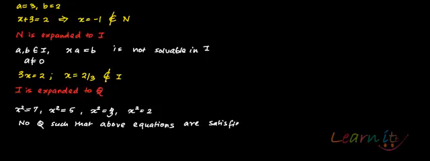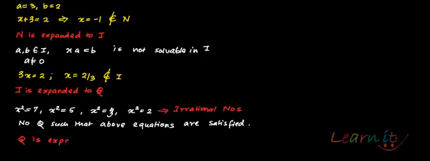So there's a problem. There is no rational number such that these equations could be satisfied. Because for x squared is equal to 2, x has to be what you know as an irrational number.